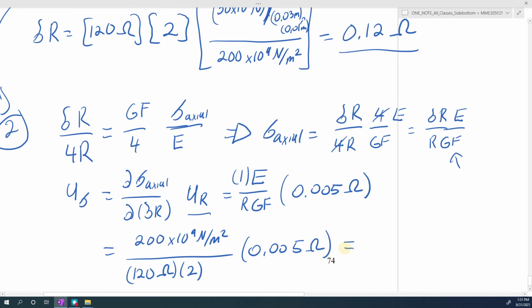That uncertainty ends up being 4.17 times 10 to the 6th newtons per meter squared, so about 4 megapascals.